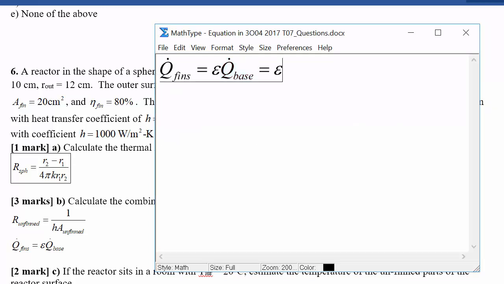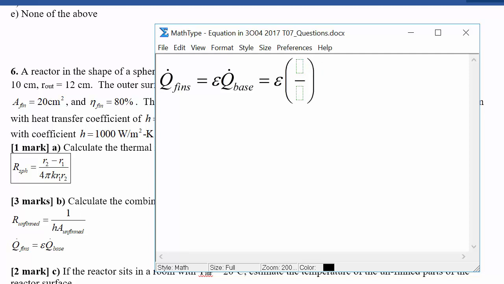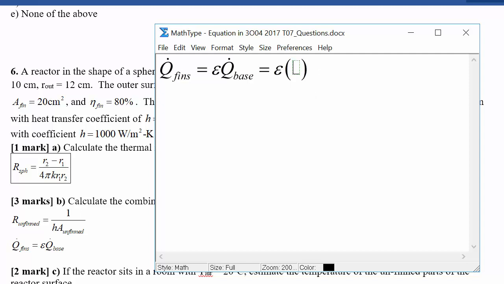Then in this case, we could rewrite that in terms of the temperature difference. So maybe like the heat conduction of the unfinned parts, something like that.